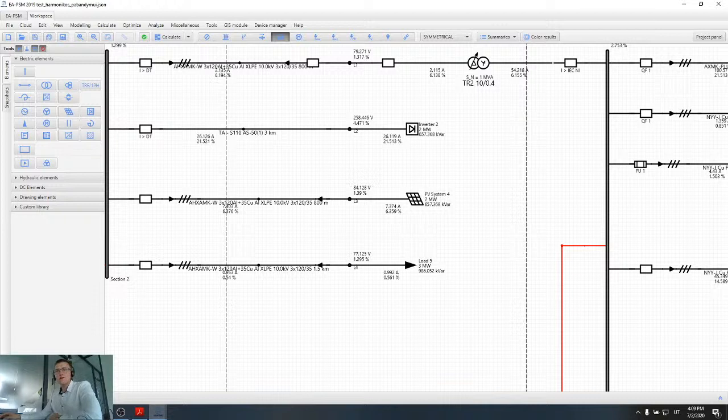Then there was one question from Mohammed, and the question was: can LED, so light emitting diode, cause leading power factor? In most cases they don't cause leading power factor.